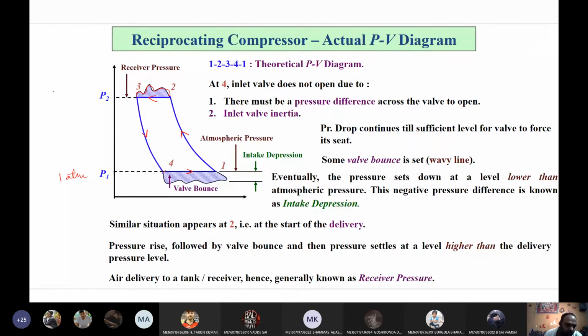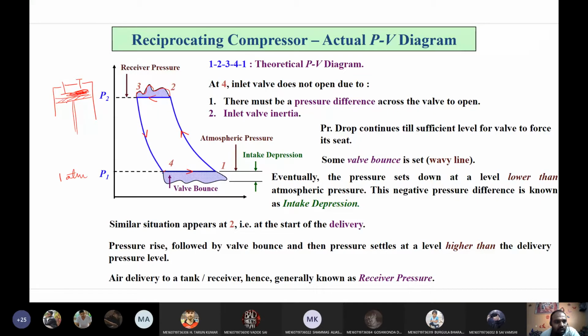If you see the air compressor, this is the suction valve and this is the delivery valve. When the piston is moving in the downward direction, vacuum will be created. Due to the pressure difference, the air will be admitted, right? Once vacuum is created inside the air compressor, what is the pressure?